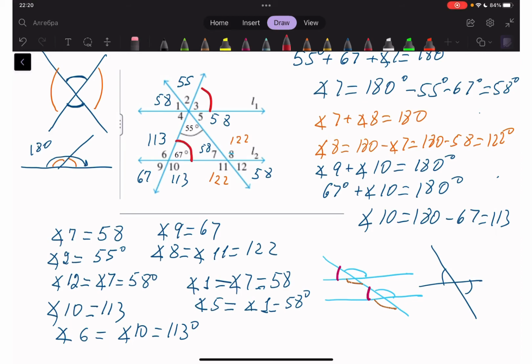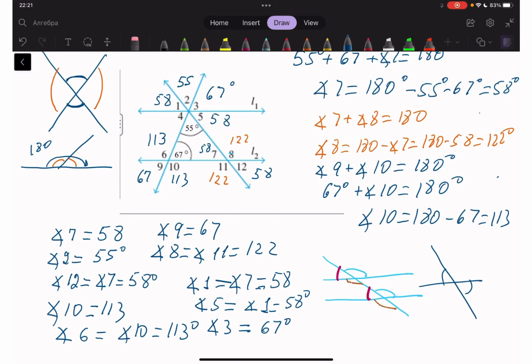Because two parallel lines are crossing with the third line. So angle 3 is equal 67 degrees.